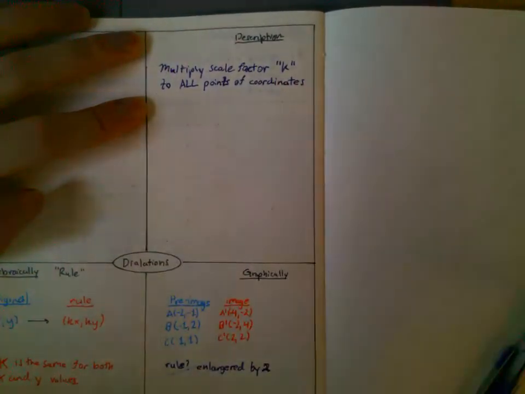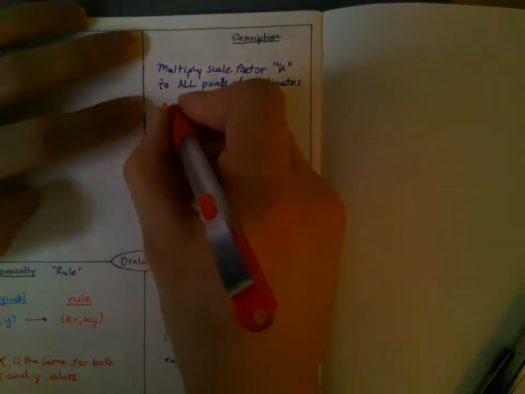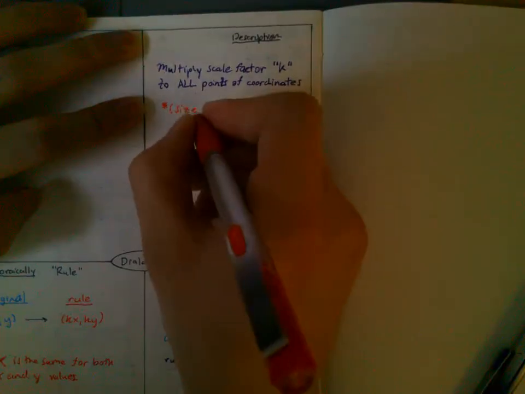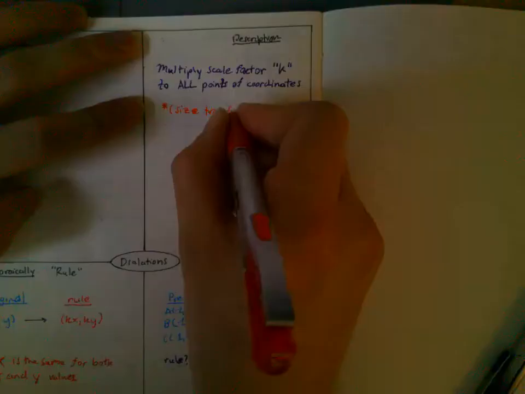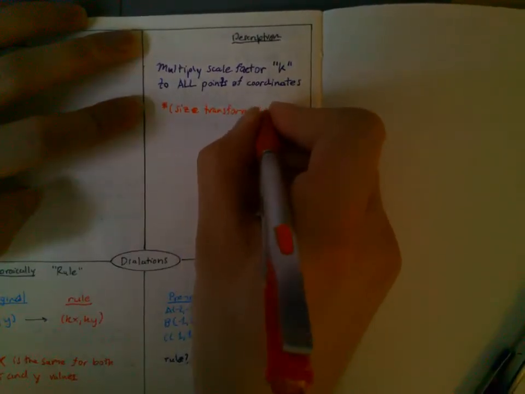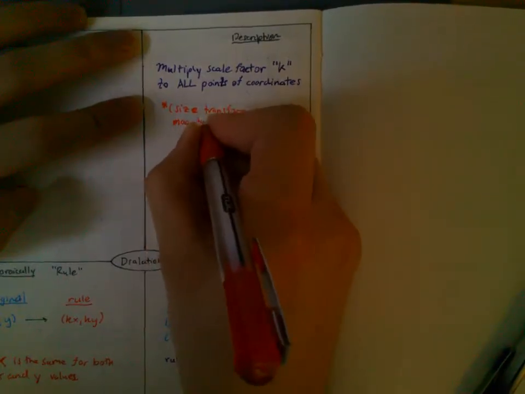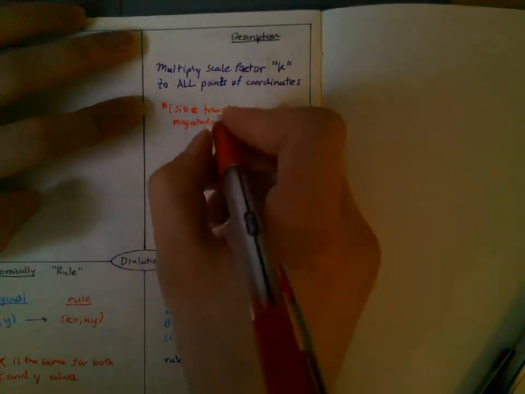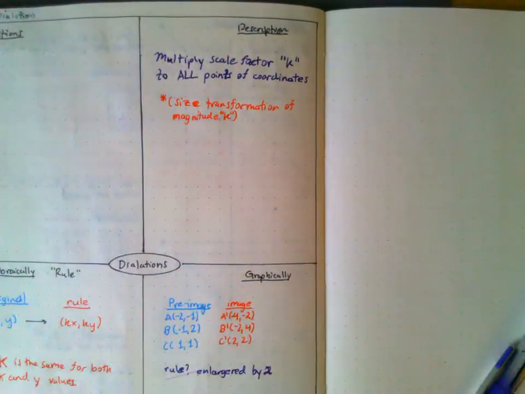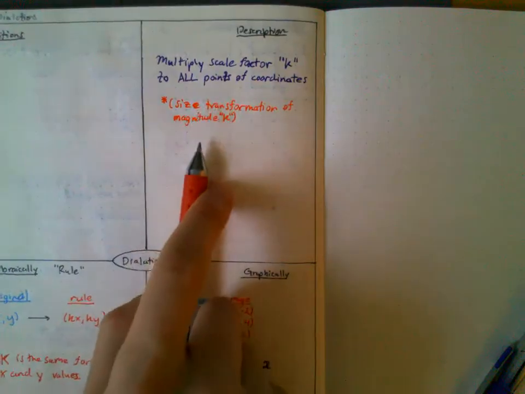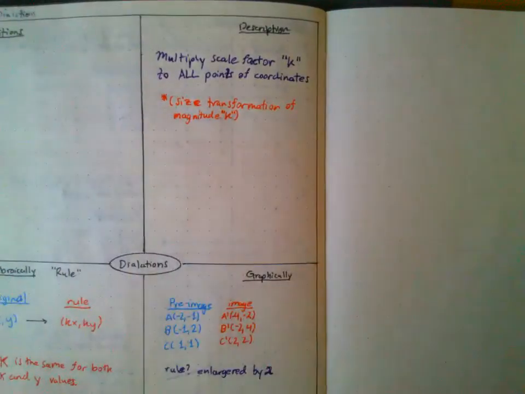The asterisk, not a star, is the size transformation of magnitude k. What that is saying is, in a formal way, the mathematics behind this statement. It's just the formal version, which is why it's an asterisk and not a star. It's not important you remember this, but it's fun to know.